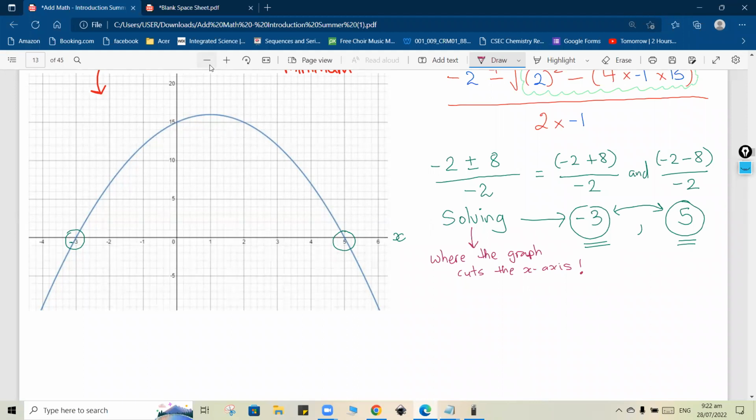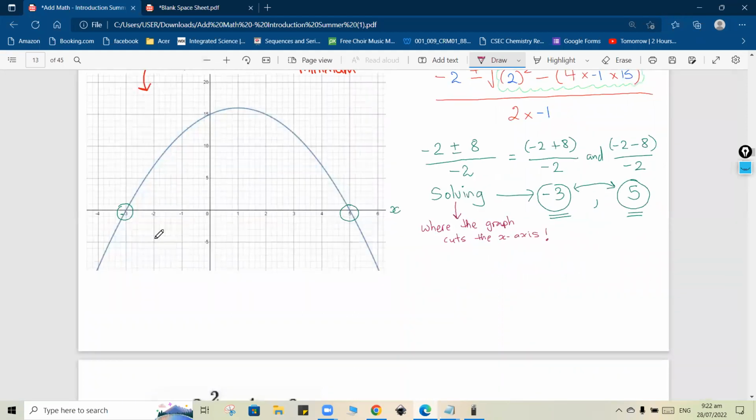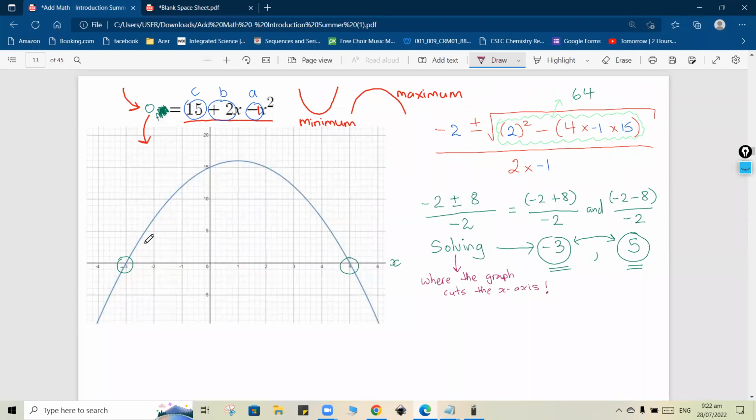But knowing where the quadratic cuts the x-axis is not the only important thing about a quadratic. There are plenty other things we need to know. For example, this quadratic is a rainbow shape, a maximum shape. All maximum graphs will have a highest point.